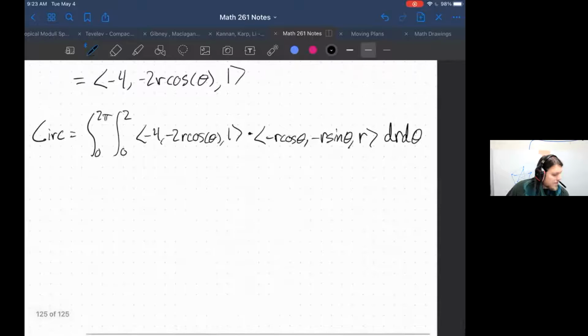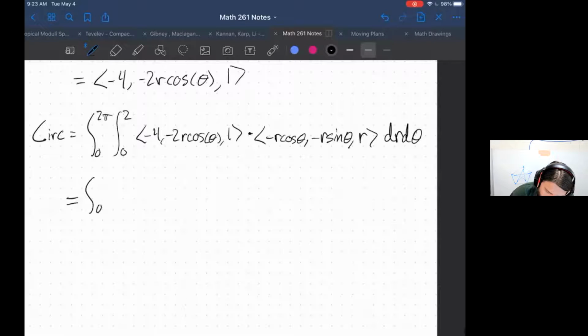So we're not going to go through this evaluation. Well, I'll take it one more step, right? I'll do the dot product, but going past that, it'll take a little while. So let's go through this. -4 times r cosine of theta, you get a +4 r cosine of theta.